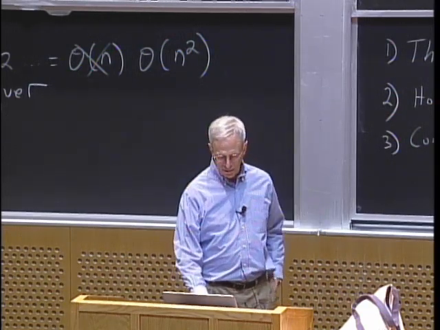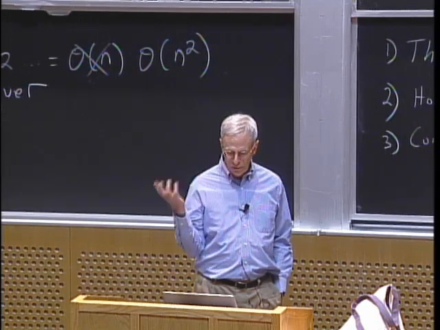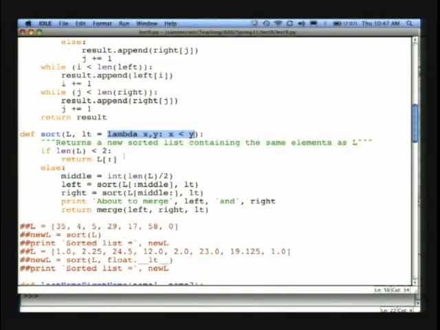All right, having got past that, what we see is we first say if the length of L is less than 2, that's my threshold, then I'm just going to return L, actually a copy of L. Otherwise, I'm going to find roughly the middle of L. Then I'm going to call sort recursively with the part to the left of the middle and the part to the right of the middle, and then merge them.